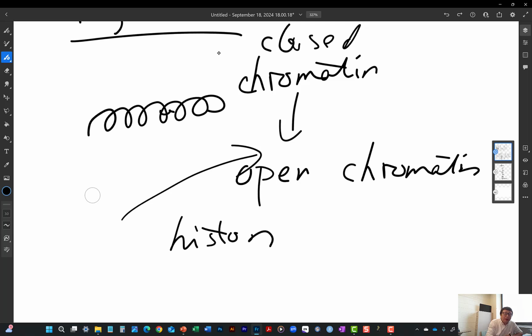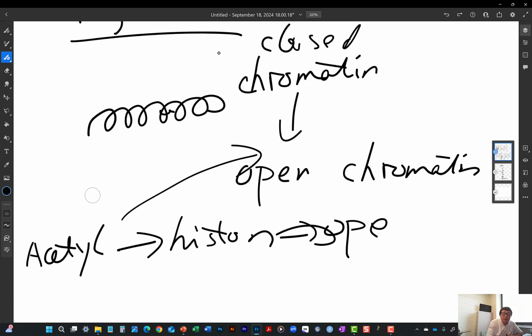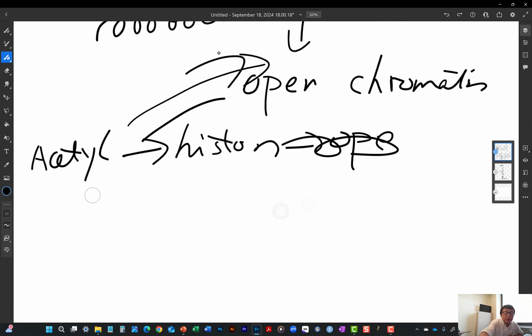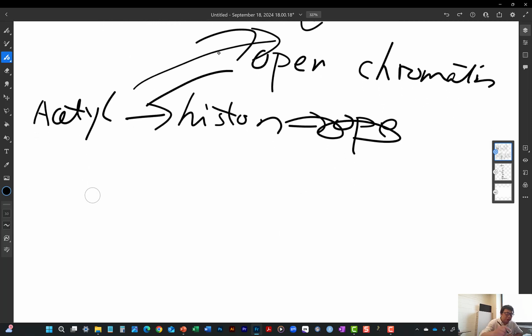And if you add an acetyl group to the histone, it opens up. This opens up the chromatin. So histone acetylation opens up the chromatin, and opening up the chromatin increases gene expression. So this is one way to increase gene expression.